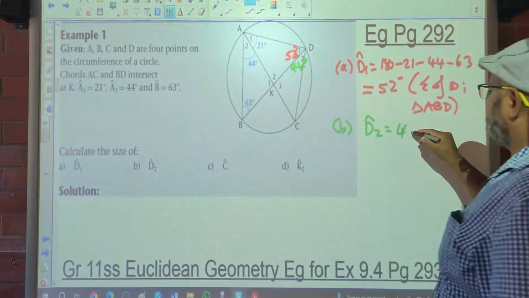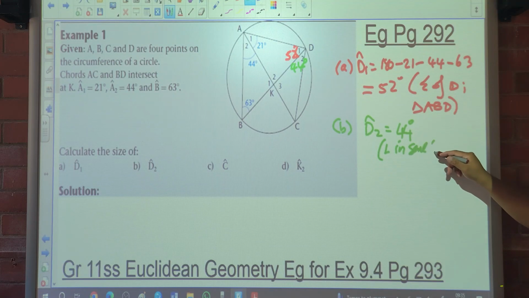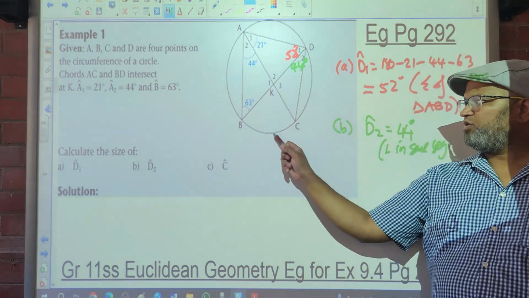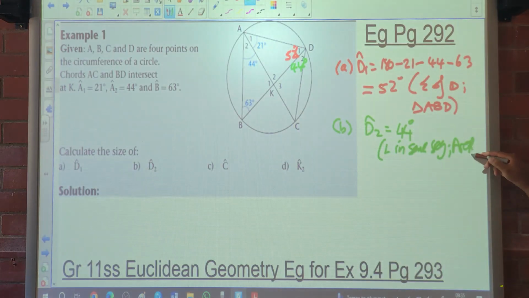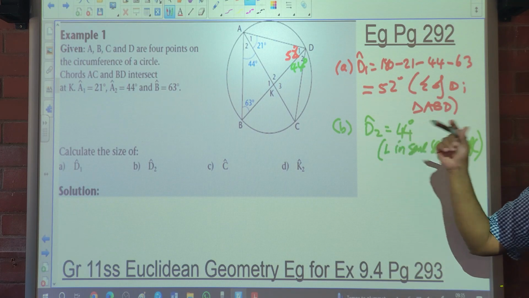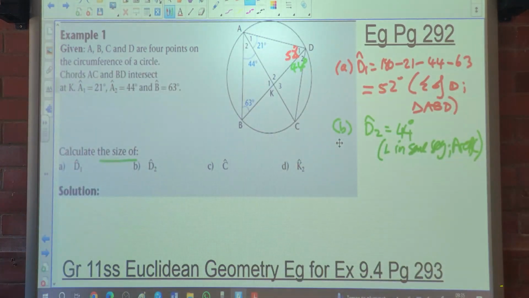The reason is angles in same segment, coming from arc or chord BC. Angle D2 is equal to A2, yes? A2 is already given as 44, so we just say D2 is 44, because the question is to calculate the size, and not to ask which angles are equal. You understand?